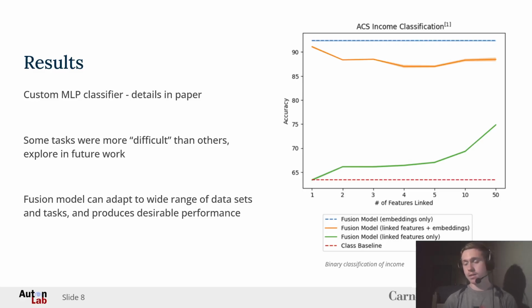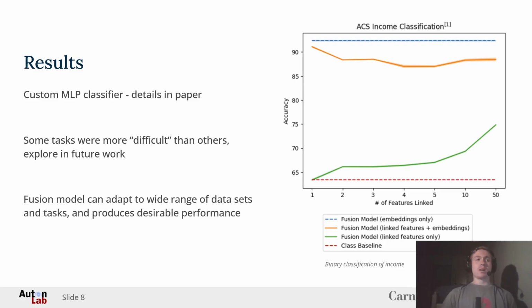But in other tasks, it was barely beating baseline, and even extensive feature engineering and data mining really couldn't get a unified model's performance to increase.